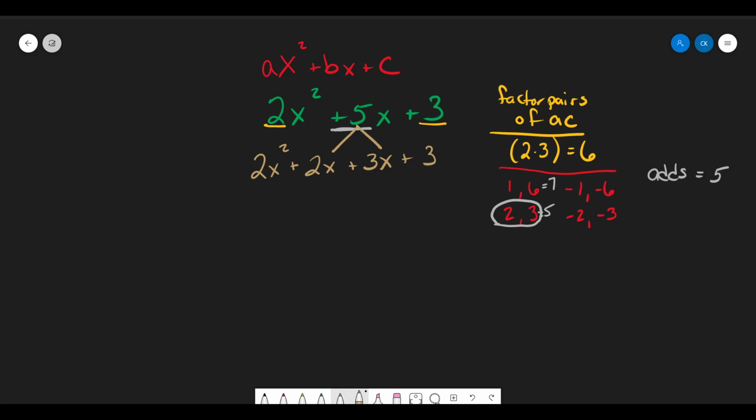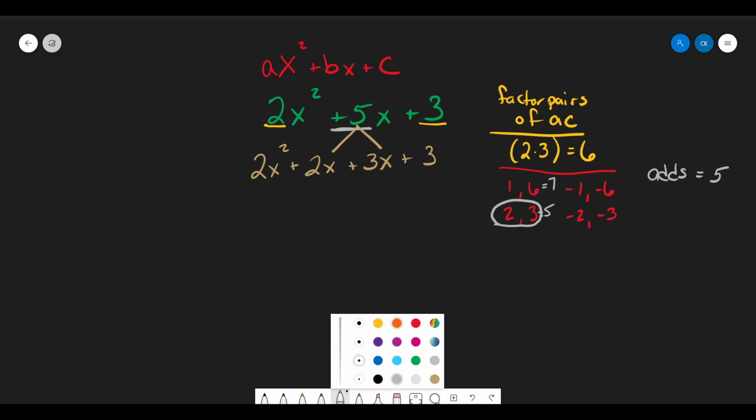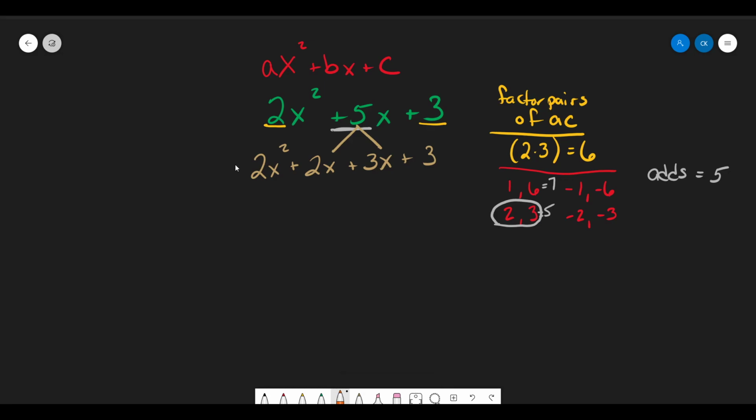If we think all the way back to when we were working with 4-termed polynomials, in order to factor a 4-term polynomial, we need to factor by grouping. So I'm going to group my first two terms together and my second two terms together. Out of my first two terms, what is the GCF of 2x squared and 2x?